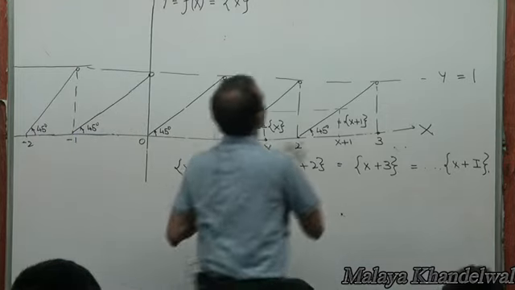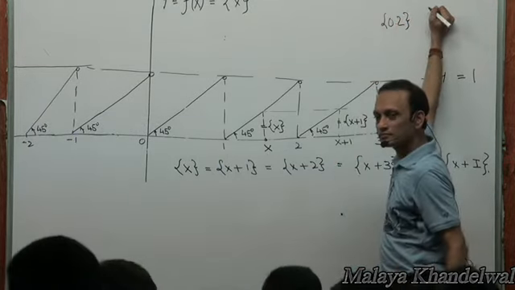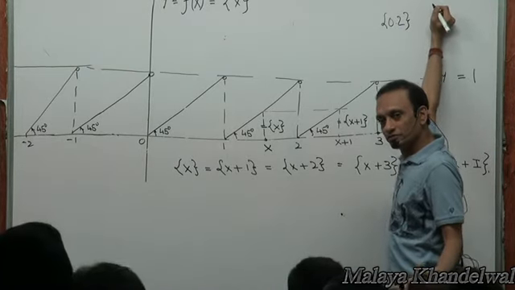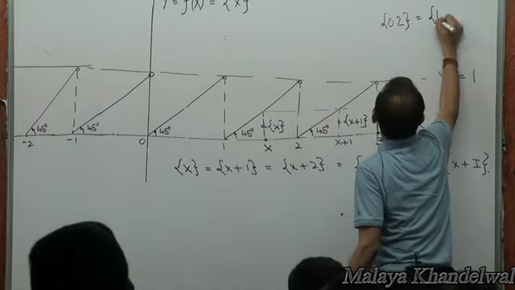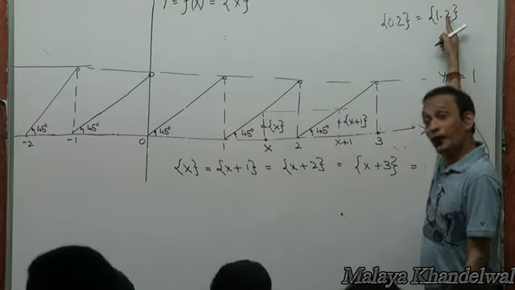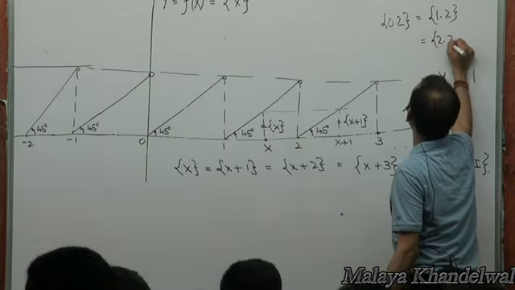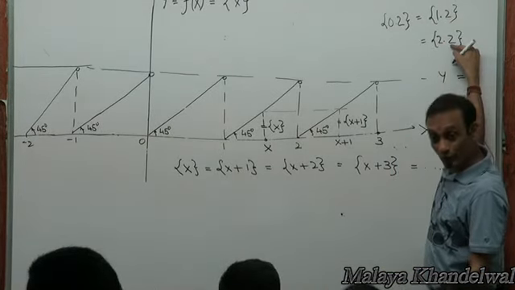Very clearly, right? Think about it. The fractional part of 0.2 is how much? 0.2. Is this not the same as the fractional part of 1.2? If you increase this by 1 unit, then the fractional part of this will also be 0.2. This will be the same as the fractional part of 2.2. What's the fractional part of 2.2? 0.2.